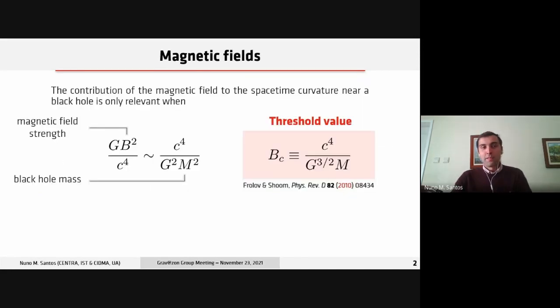Well, the space-time curvature induced by a magnetic field of strength B is of the order of B squared.